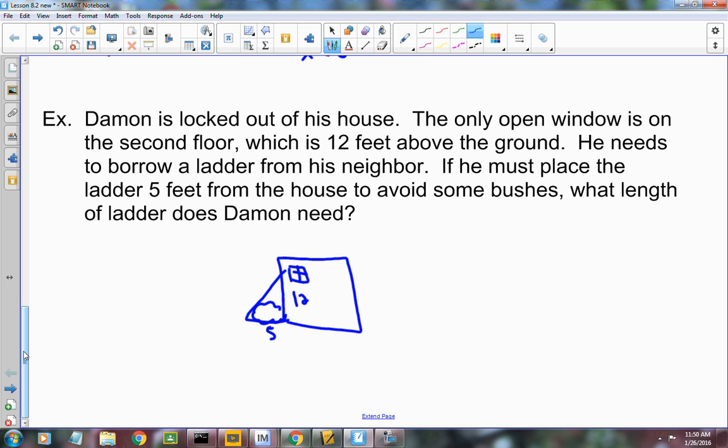Now, most of the time in the real world, our numbers aren't perfect like 5, 12, 13, right? But I can think of a real example of when I kind of thought of this and how it might be helpful. Back when I first started teaching, I think it was my third year to teach, I taught in Waco, Texas, and it was the year of the Murrah bombing. I think I was teaching the Pythagorean theorem at the time, so that's why it might have made a bigger impact on me.